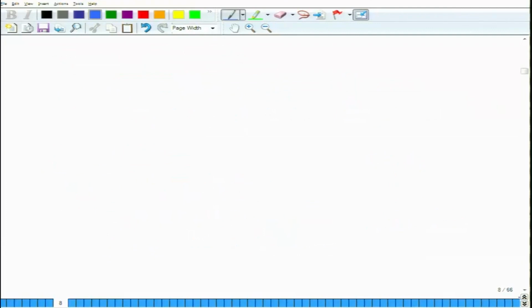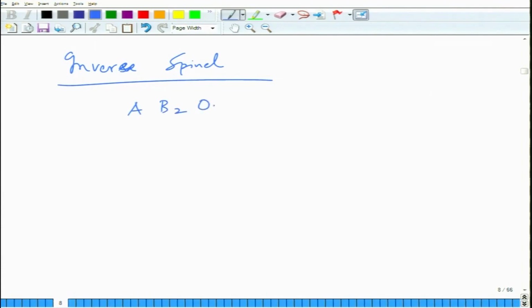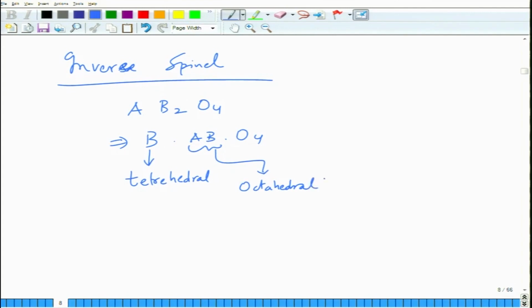There is another variant of this which is called an inverse spinel. In inverse spinel, it's the other way around. So, AB2O4 can be written as B(AB)O4. One of the B atoms goes to tetrahedral sites and the A and B atoms go to octahedral sites.